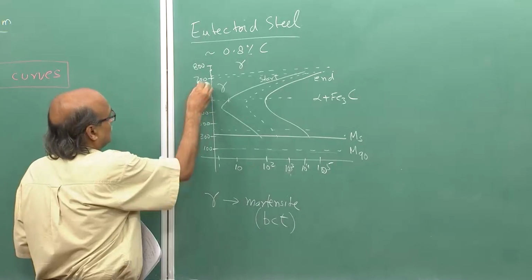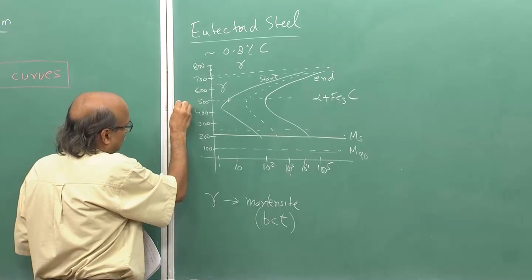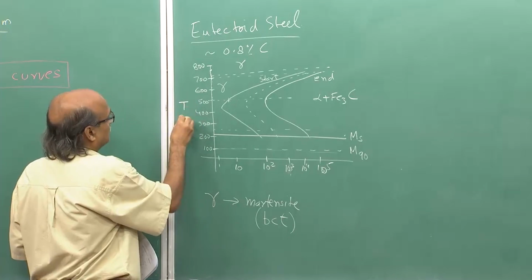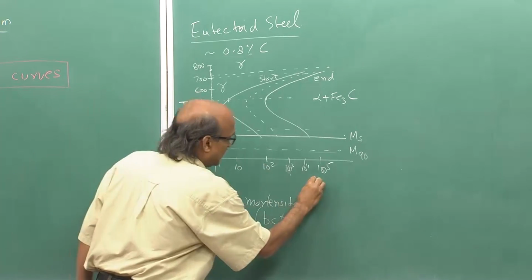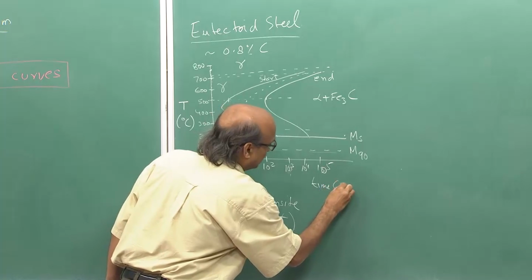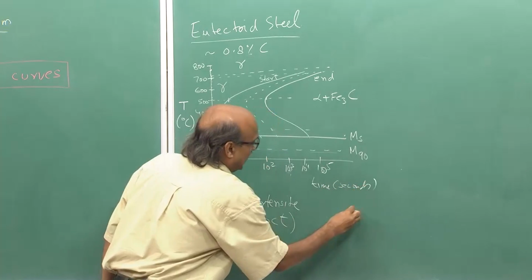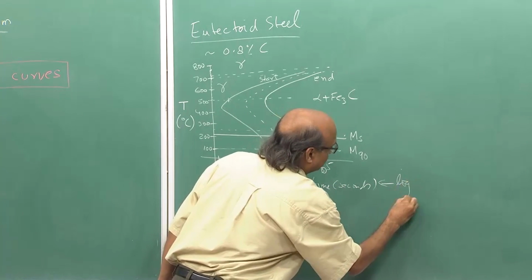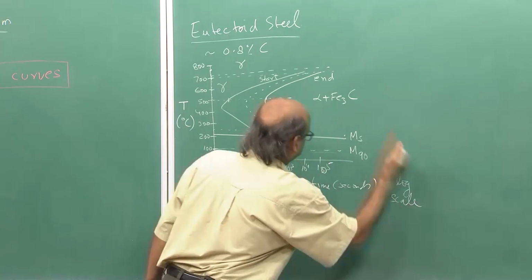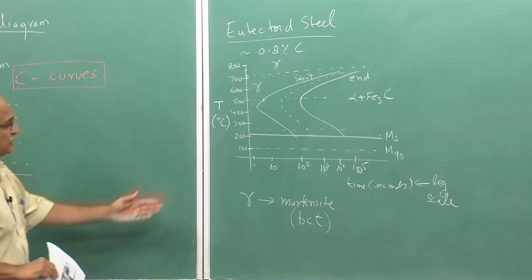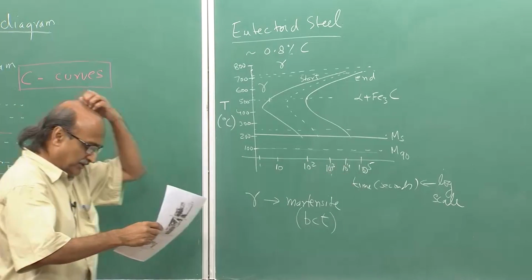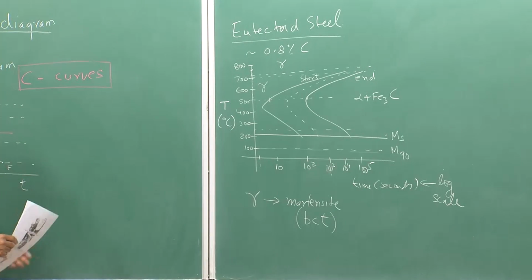And the other thing to note is, incidentally I should write this also, vertical axis temperature is in degrees centigrade, the horizontal axis is time in seconds and it is log scale. That you can make out by the way I have put the times on the horizontal axis.